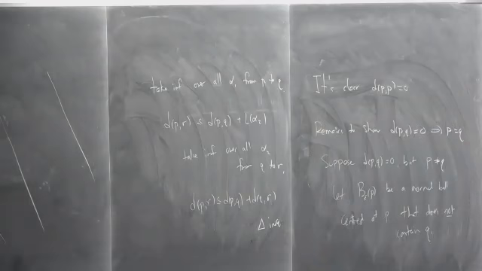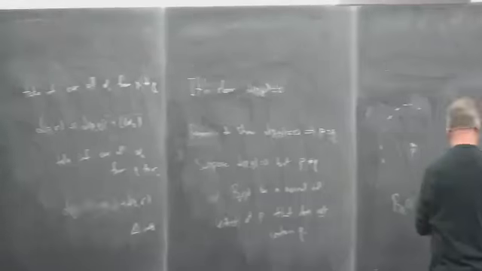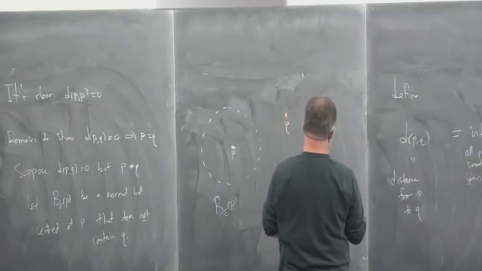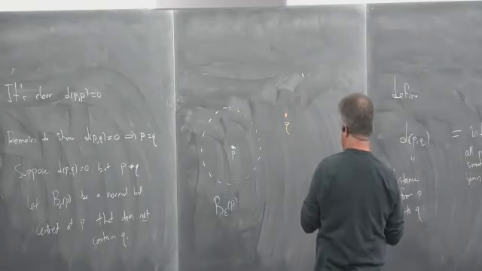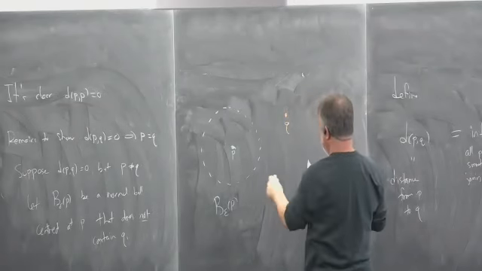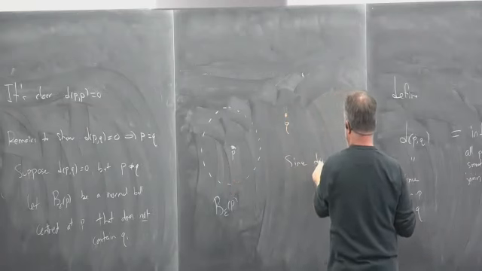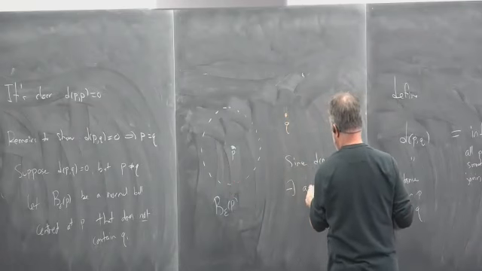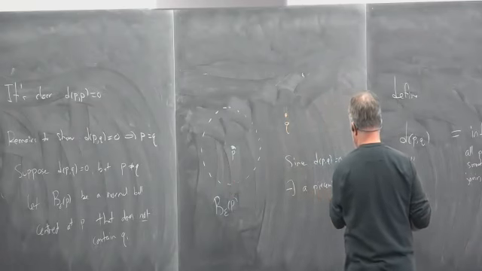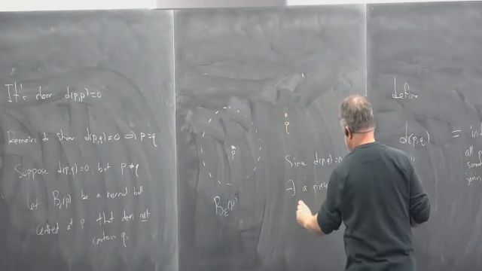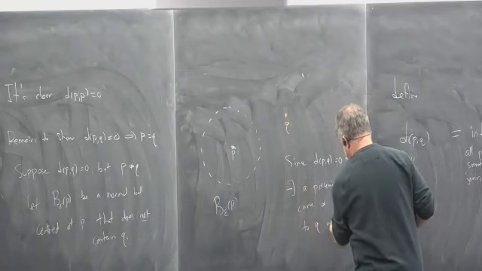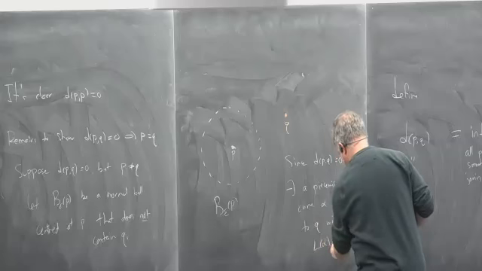This is P, and this is B epsilon of P, and Q is somewhere outside. So epsilon is some positive number. Since d(P,Q) is 0, which is less than epsilon, there exists a piecewise smooth curve alpha joining P to Q with length less than epsilon.